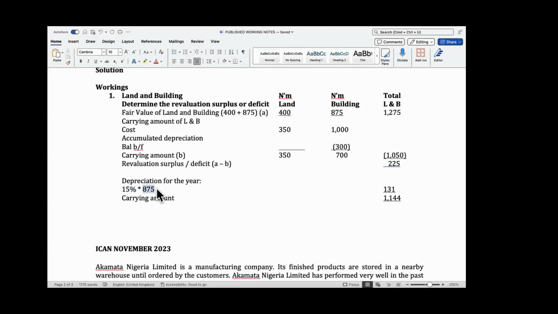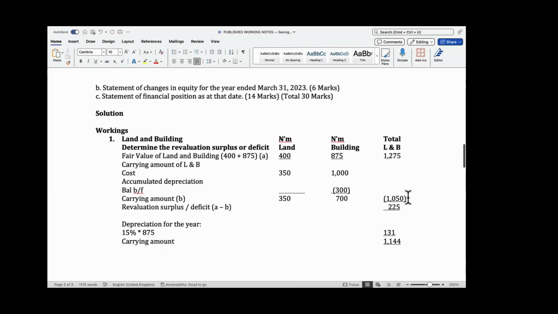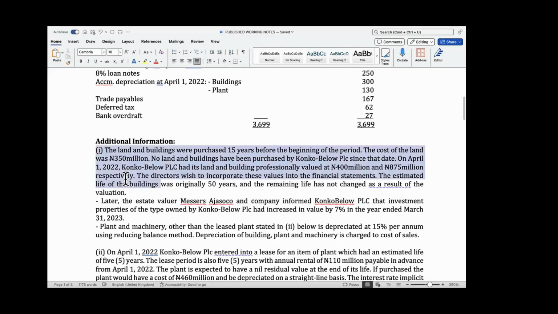As far as we are concerned now, this is the new value of the assets. We have not charged any depreciation. This is the first depreciation we are charging on this asset. That's why we can escape with this 875 to get 131. Then we remove this from the revalued amount of the assets to get our carrying amount. Then we are done with our workings.